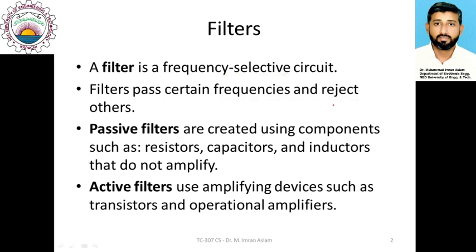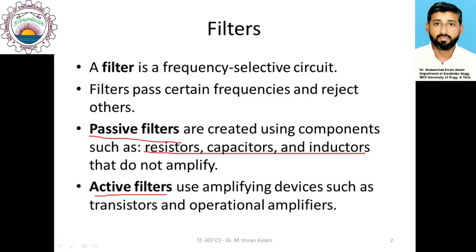When we design a filter, it can be designed as a passive filter or an active filter. The passive filter is made of passive components like resistors, capacitors and inductors, and of course these are passive components, so this type of filter does not provide any amplification in the system.